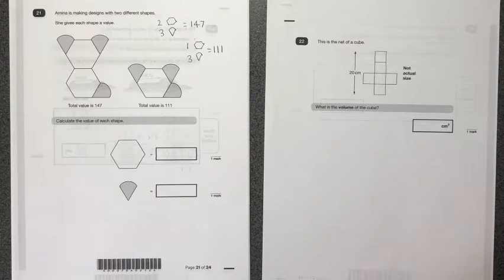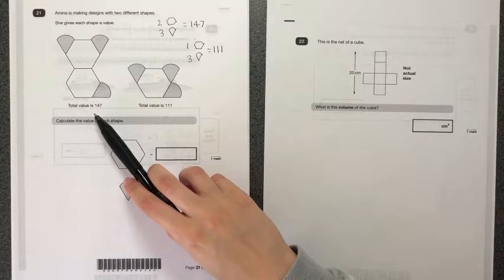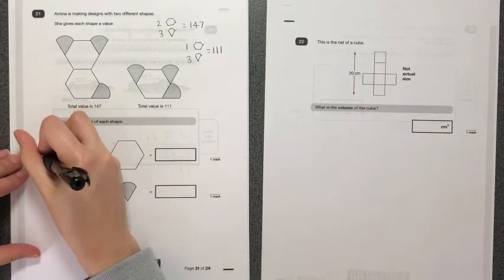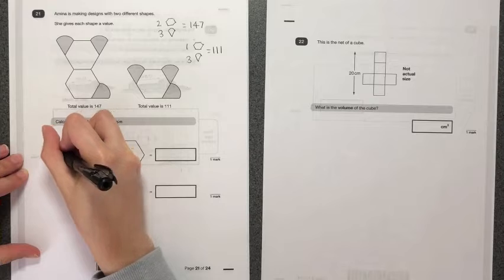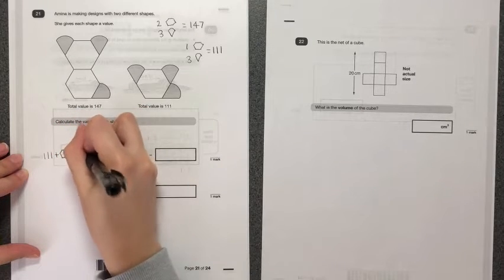Now we can see the difference between these 2 shapes is that the first shape just has 1 more hexagon. We can work out the value of the hexagon by doing 111 plus another hexagon would give us 147.